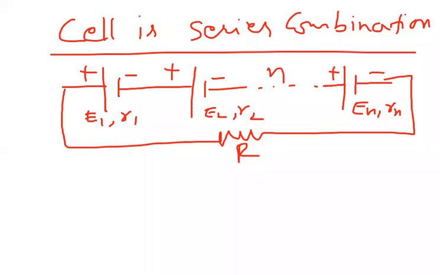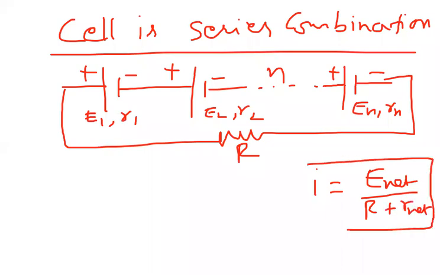The current formula, as we told at the start, is I equal to E by R plus r, since this is a closed circuit. But here we have to take E net, because so many cells are there: I equals E net by R plus R net. The internal resistances are also R1, R2, and so on, so R net is the total internal resistance. Now the question is, what is the net EMF?